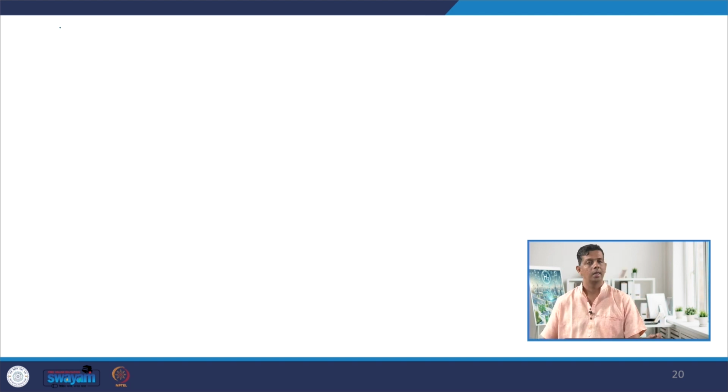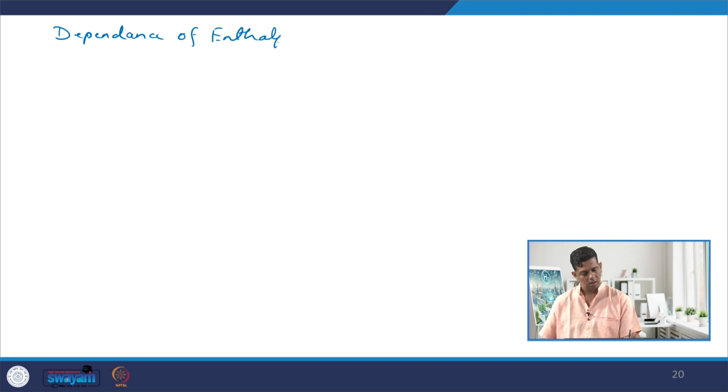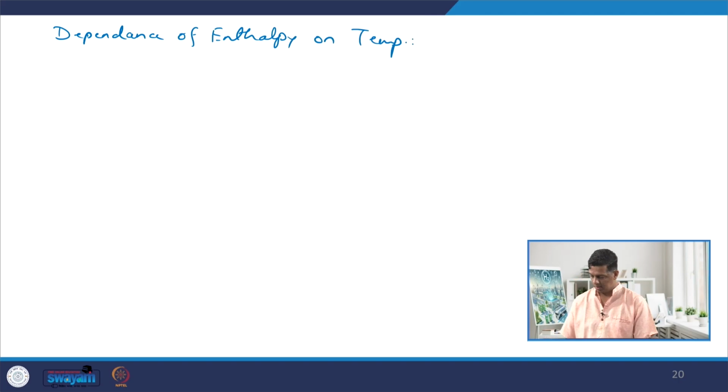So let us first understand its dependence on the temperature. Dependence of enthalpy on temperature. Okay, let us first understand this.